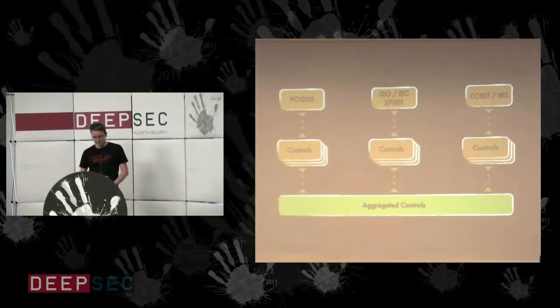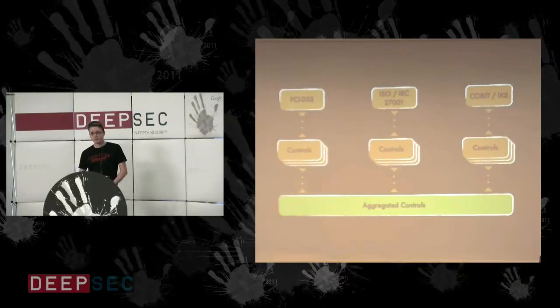You see these authority documents like ISO 27000, COBIT, PCI DSS, and all of these contain controls. What we wanted to do is take these controls and aggregate them, so at the end we have some aggregated controls. As I mentioned before, no duplicates.